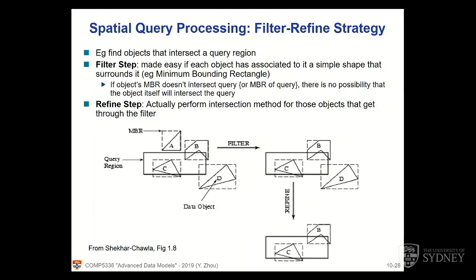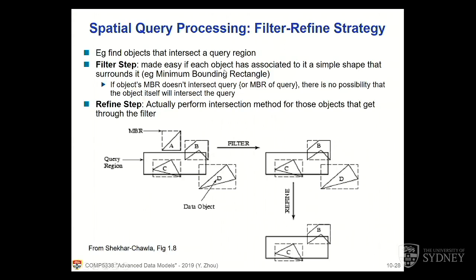So this is a typical way if we want to find objects that intersect a query region. Usually in the first step, the filtering step, a spatial object can have all different kinds of shapes, but most systems will use a very simple shape, like a rectangle, to represent it, because a rectangle is much easier to handle than an irregular shape.